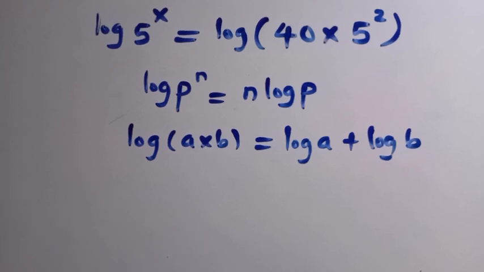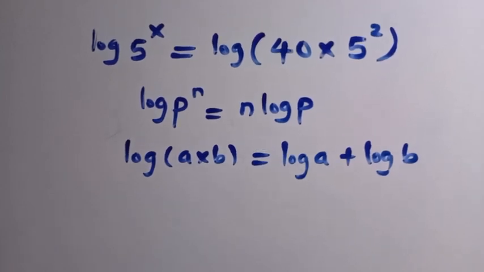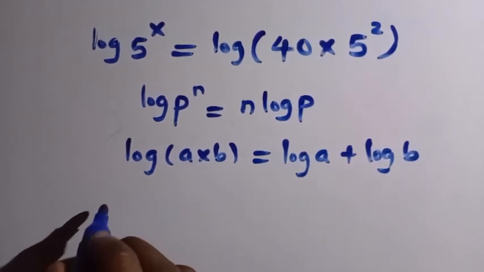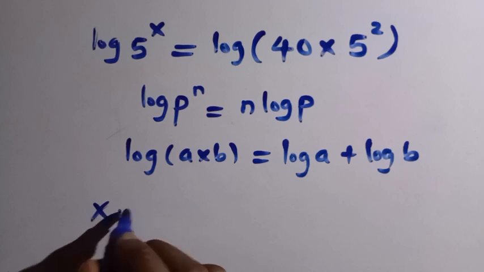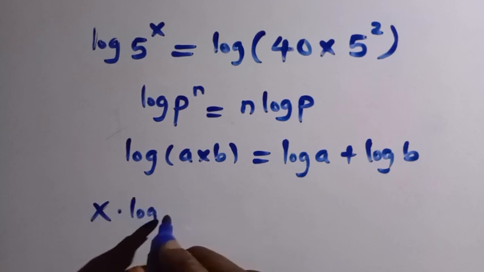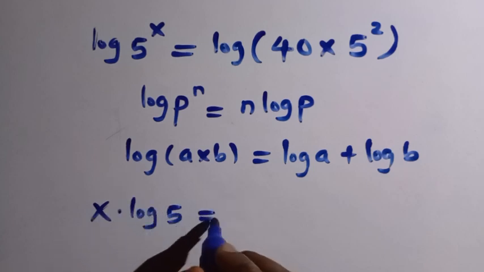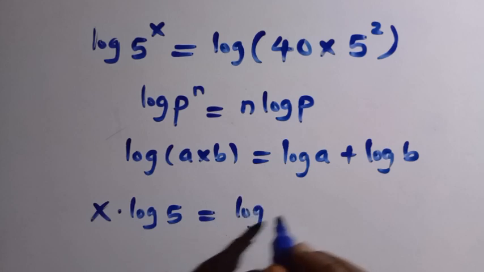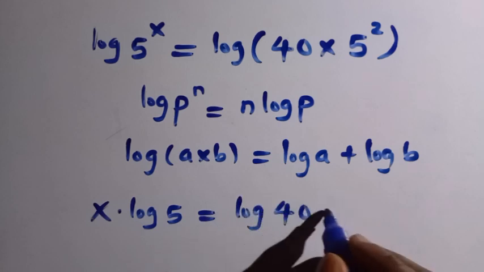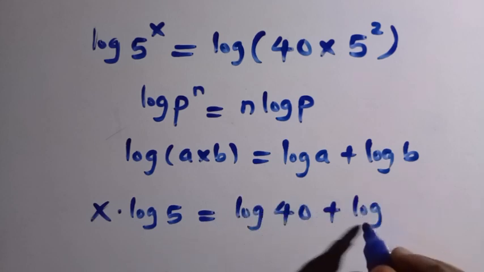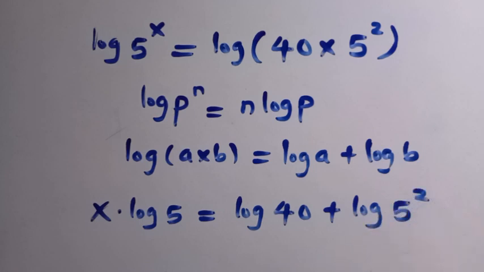So here we are going to apply these two rules, and we have x multiplied by log 5 equals log 40 plus log 5 raised to the power of 2.